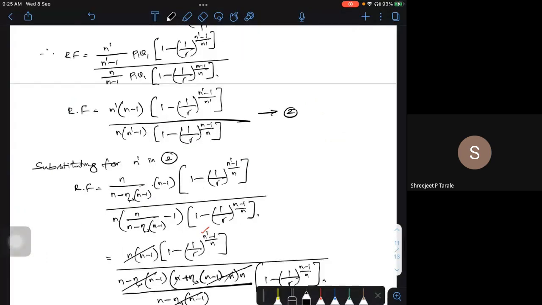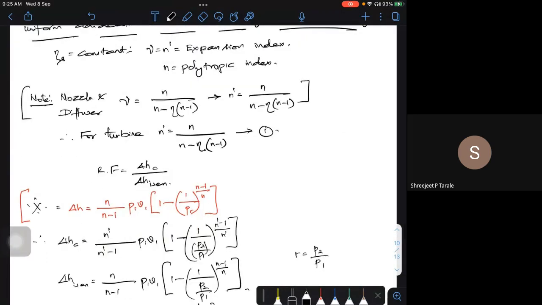Go back here. The reheat factor is delta HC by delta H isentropic. That is what you are going to see, the actual one, over the isentropic delta H.